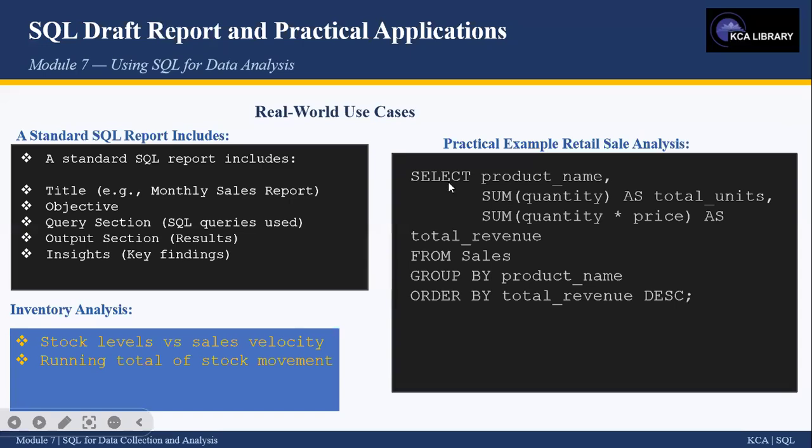This query says: SELECT product_name, SUM(quantity) AS total_units, SUM(quantity * price) AS total_revenue FROM sales GROUP BY product_name ORDER BY total_revenue in descending order. This will give you an analysis of your retail sales. It will also help you identify top-selling products and support inventory decisions.